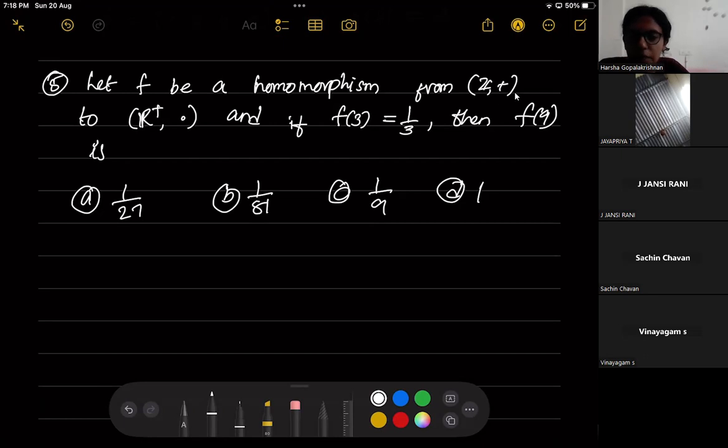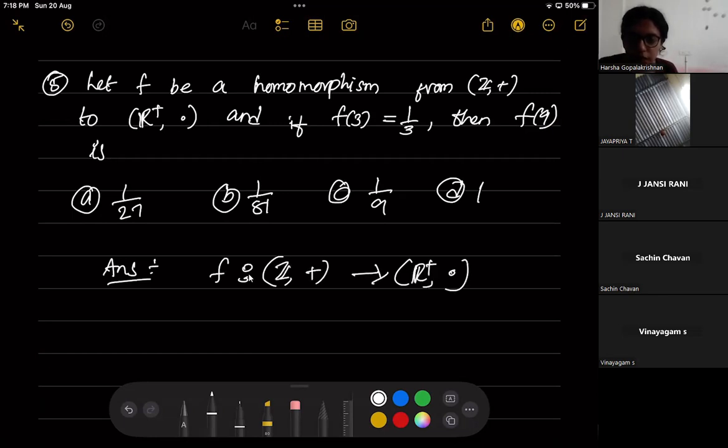So we are just applying the condition F is a homomorphism and F of 3 equal to 1 by 3. So we know that F is from Z under addition to the set of all positive real numbers under multiplication. And F is a homomorphism. So what we are having is F of 9.